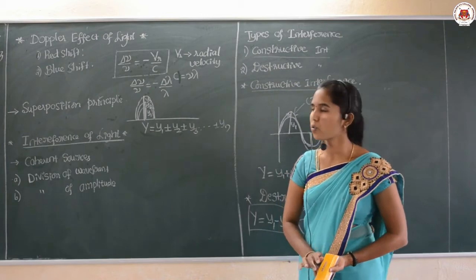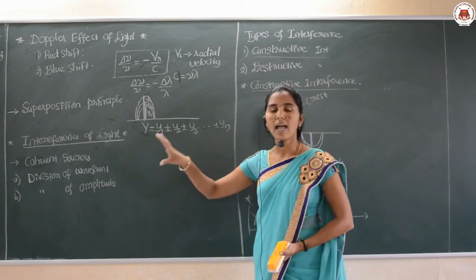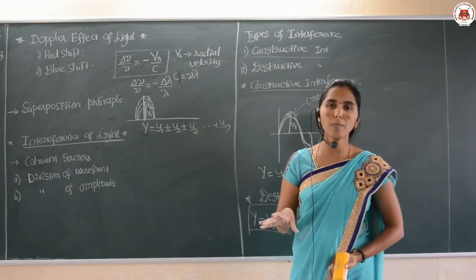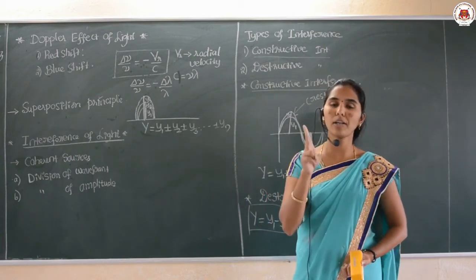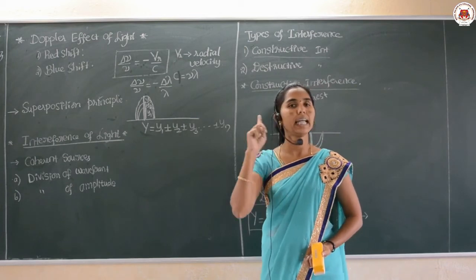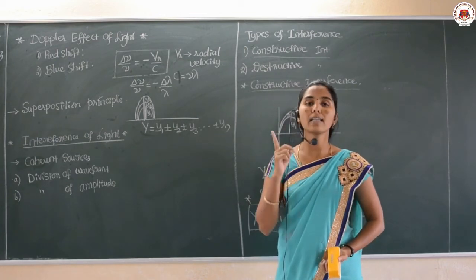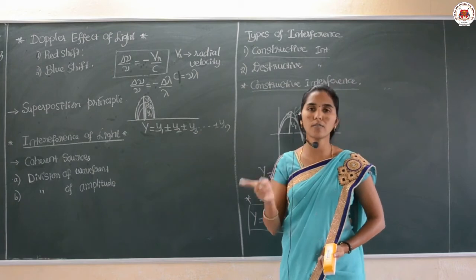See dear student, in the interference, as I told you earlier also, in this chapter mainly we are dealing with two phenomena. One is the interference of the light and the second one is the diffraction of the light.